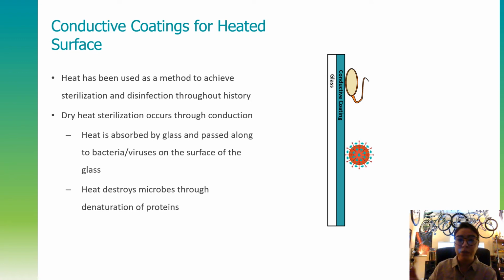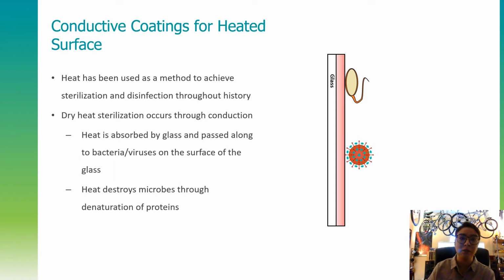So whenever bacteria or viruses land on the surface of the glass, you have dry heat sterilization through conduction. As the glass surface is heated, the heat is absorbed by the glass and passed along to the bacteria and viruses on the surface. Essentially, the heat destroys these microbes through the denaturation of proteins, causing them to break down and be inactivated, so they're no longer harmful to the building occupants.